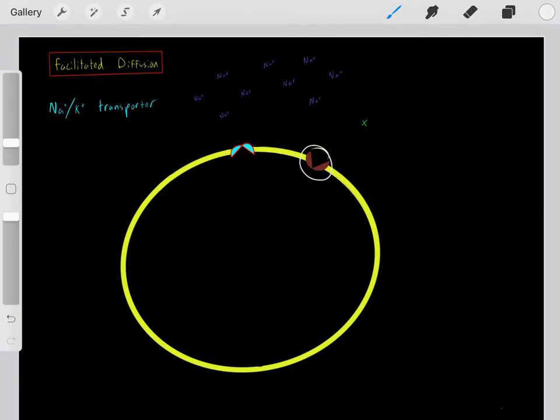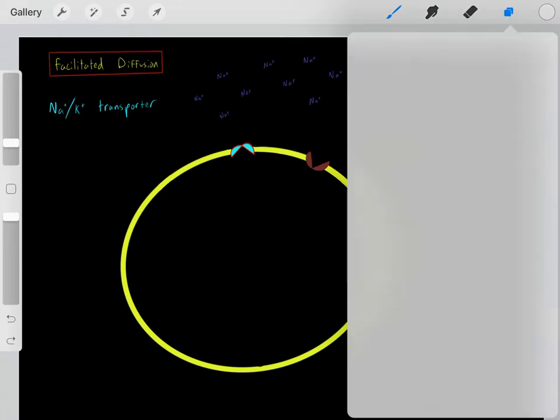It can exploit the sodium wanting to enter inside of the cell and use that energy to take this compound X and bring it inside of the cell. The point is, it's using the energy in the sodium wanting to enter inside of the cell to push this compound X inside, and it can do that as long as we have the right transporter.